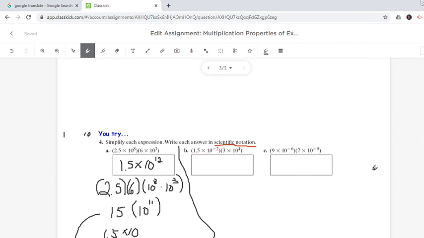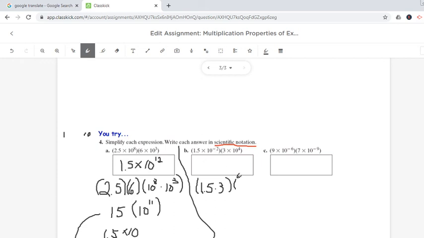There we go. Okay. B. So for B, again, put the numbers together. So 1.5 times 3. And we put numbers with exponents together.